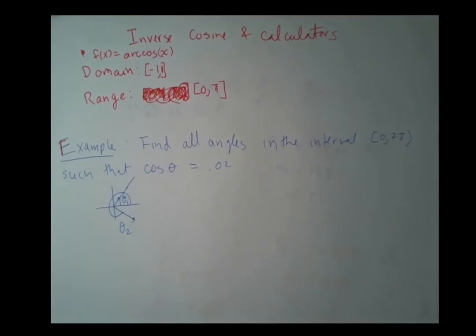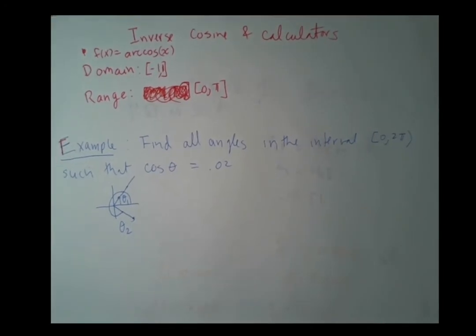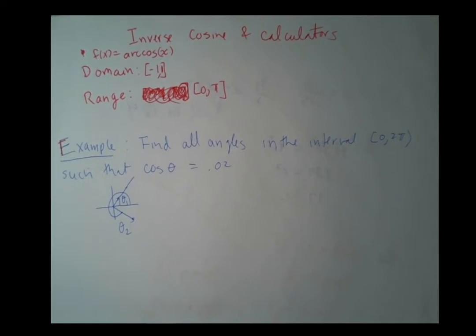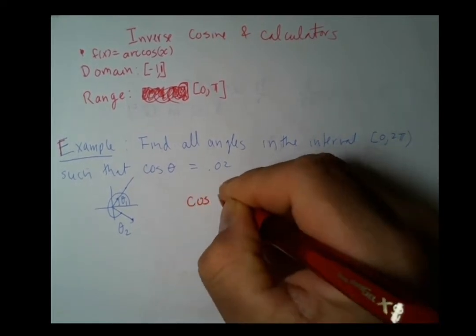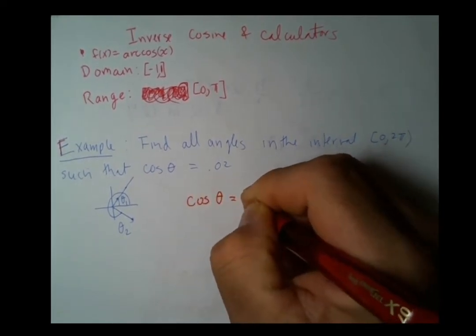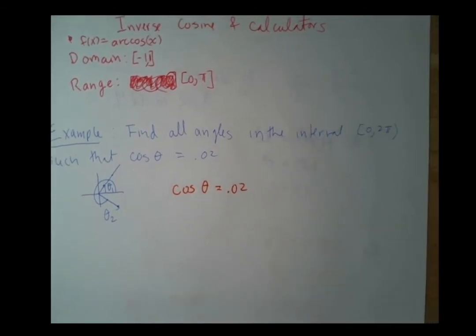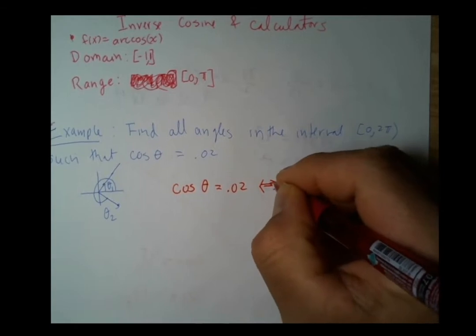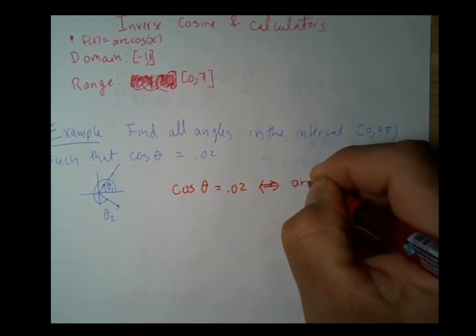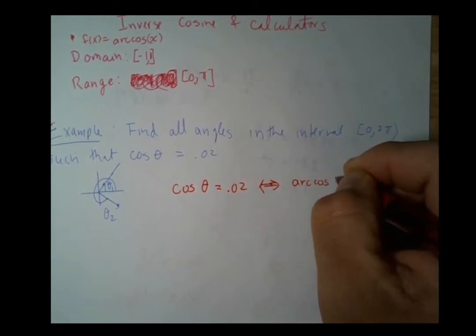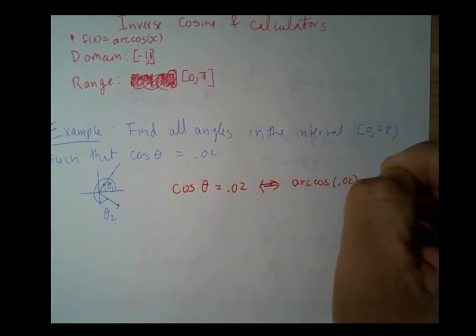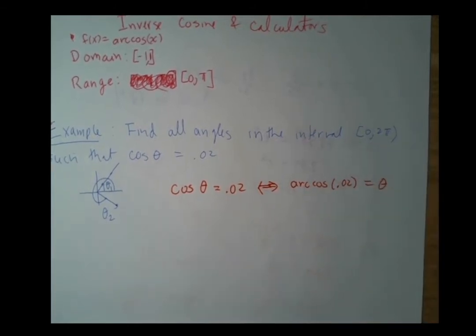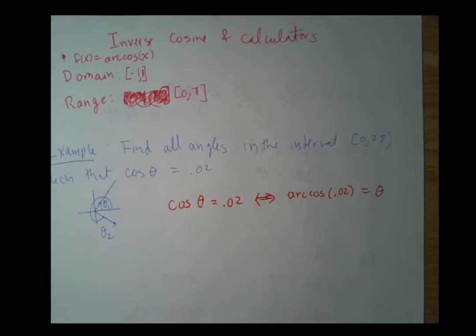Okay, so we'll start off again using our understanding of inverse functions. If cosine of theta is equal to 0.02, this is true if and only if arc cosine of 0.02 is equal to theta. That is the definition of inverse functions in general, and here we're dealing with an inverse cosine.